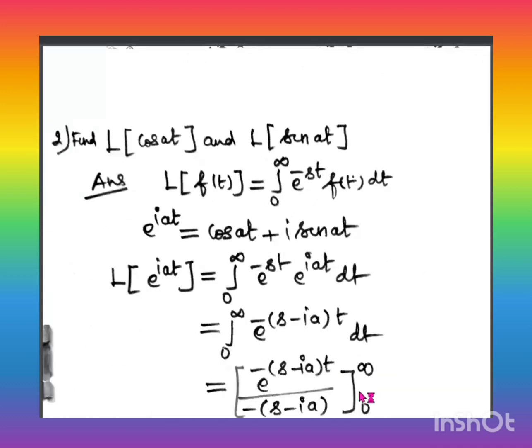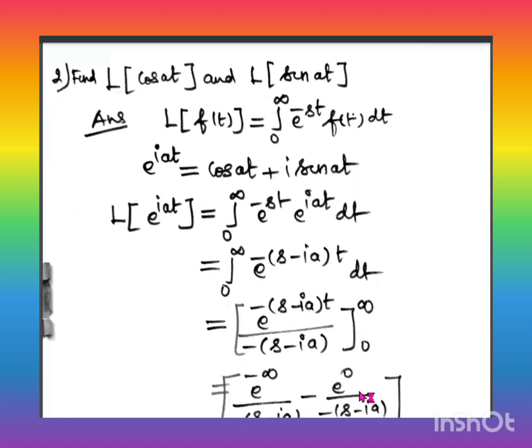Let us see the second problem. Find L of cos at and L of sin at: the Laplace transform of cos at and the Laplace transform of sin at. In Laplace transform, first you have to write the definition.